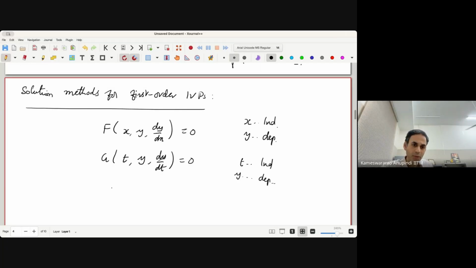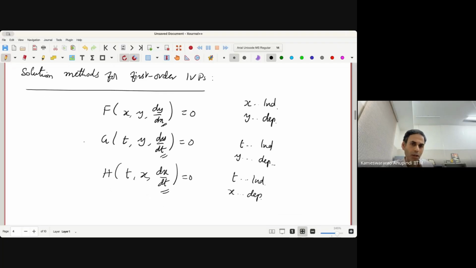Sometimes you may also see people use h of t, x, dx dt equal to 0, in which t is the independent variable, x is the dependent variable. Whatever appears here is going to be the independent variable. So this is basically a first order ODE.